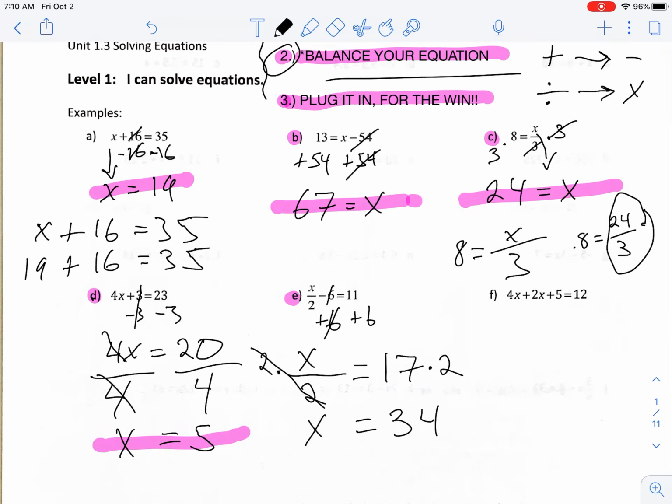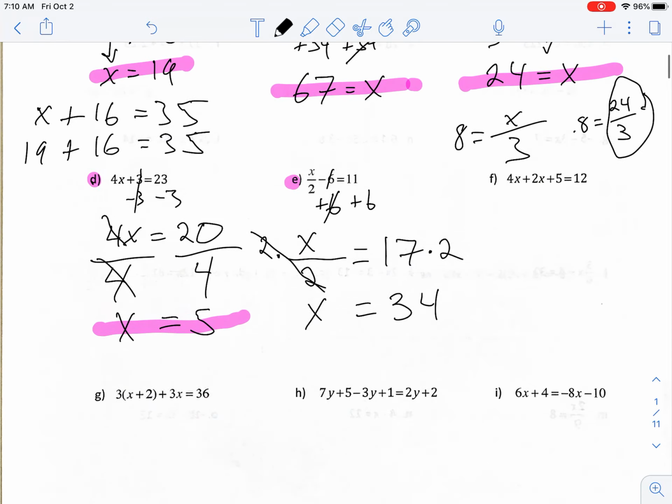Let's find out if it's right. Okay, we got a little space down here. So plug in 34 where x is in our original problem up top here. Okay, so it says x over 2, so 34 over 2 minus 6 equals 11.